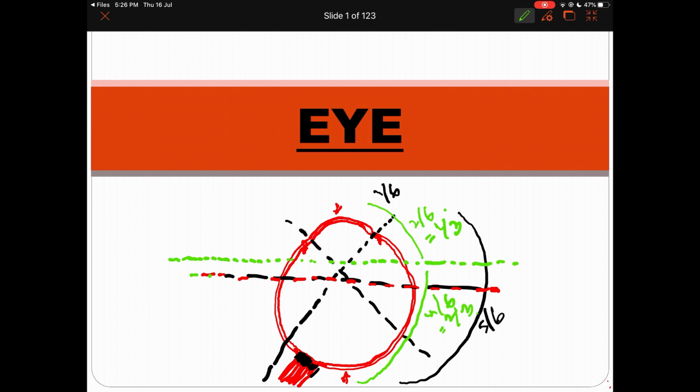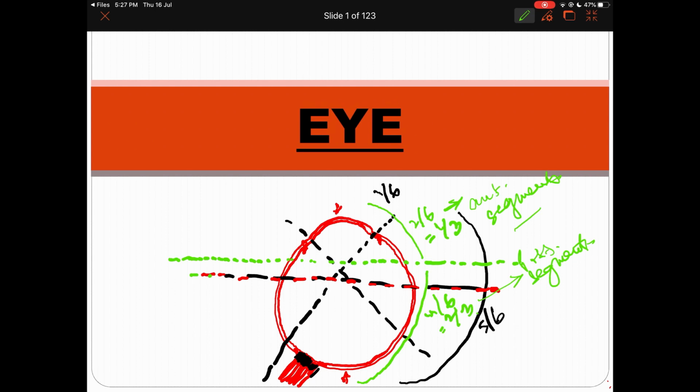This anterior 1/3 of the eye is called the anterior segment of the eye, and this posterior 2/3 of the eye is called the posterior segment of the eye. The anterior segment is the part of the eye that is exposed, the visible part.